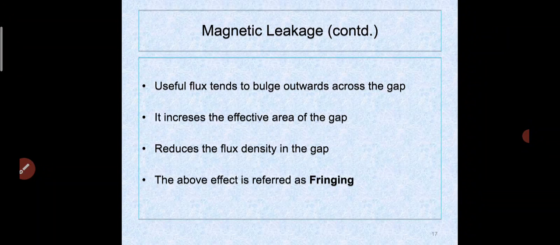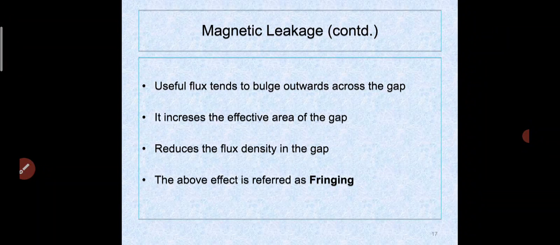This happens because when flux enters into the air gap, it passes through the air gap in terms of parallel flux lines.